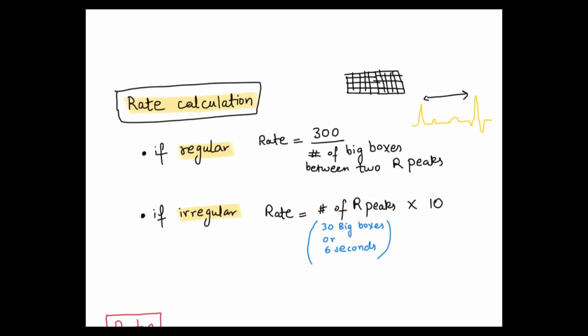For the irregular one, we will calculate the heart rate by the number of R peaks in 30 such big boxes, and we will multiply it by 10. That's quite simple. So if an ECG is irregular, we can calculate heart rate with this formula. These are the basic two formulas that you should memorize. These are quite easy to understand and quite easy to remember as well.